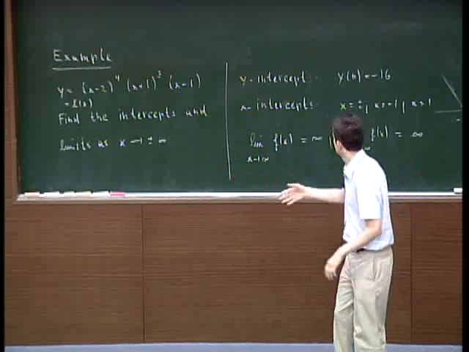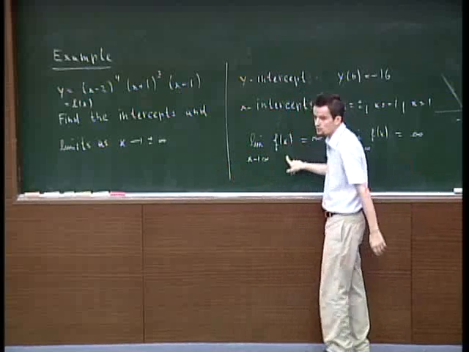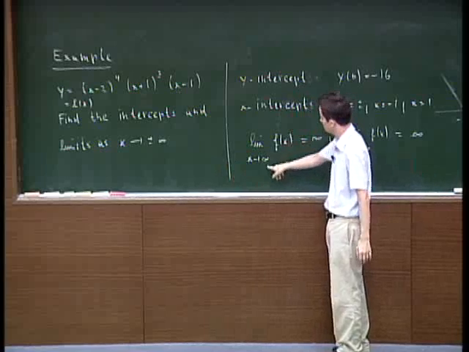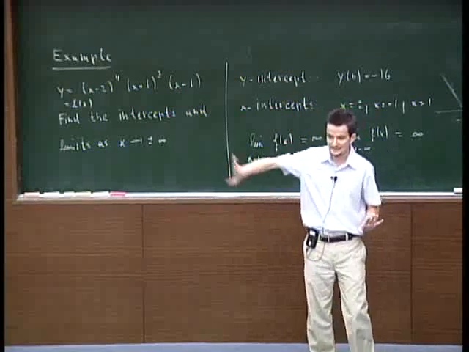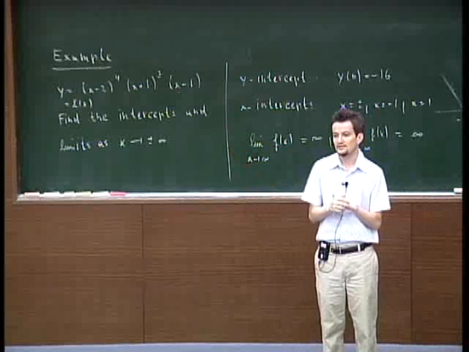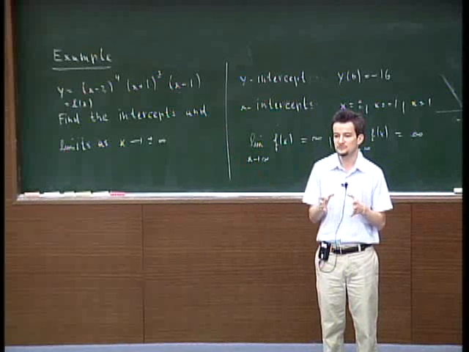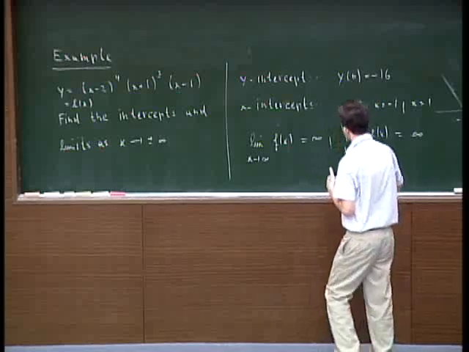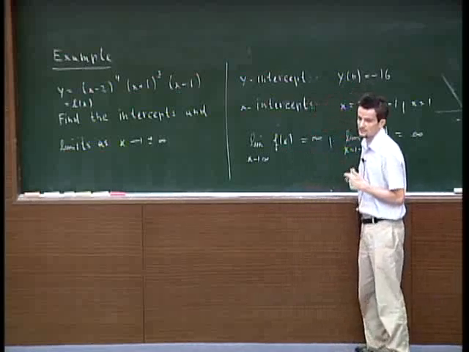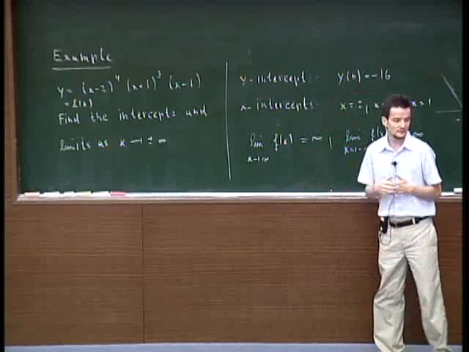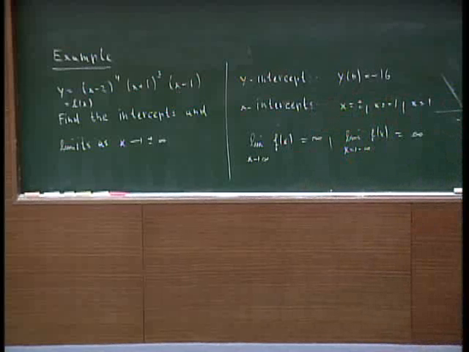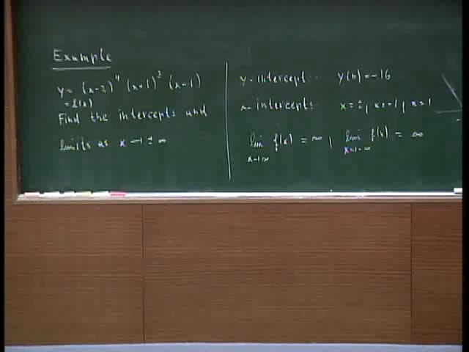But this gives you the global behavior, as x is getting large and small, something which is never captured by just using a graphing device to plot the function. That's why this information is quite important, and this is something a graphing device, like Maple, cannot give you just by plotting the function.